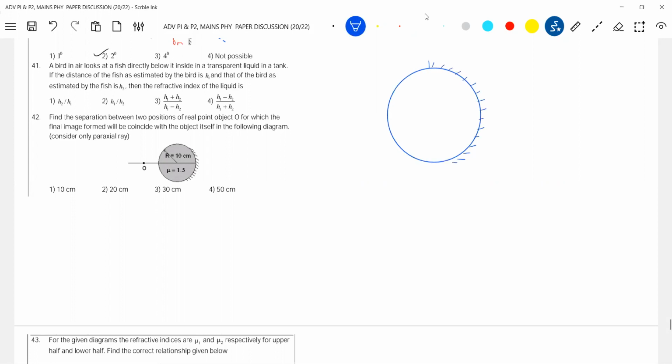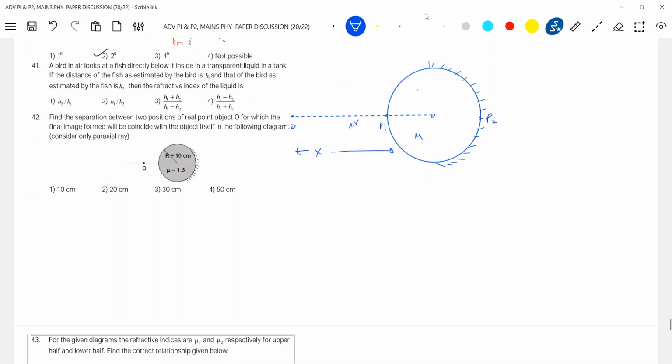This is the silvered surface. This is the one position X we will take. There's an object, so there's P1, P2. First image will be formed. This is mu.